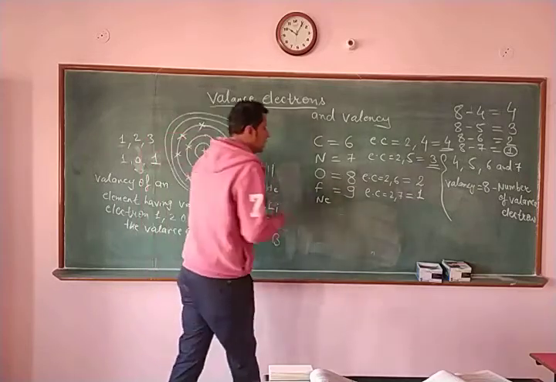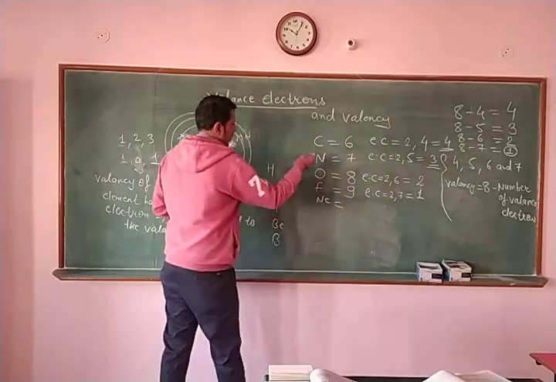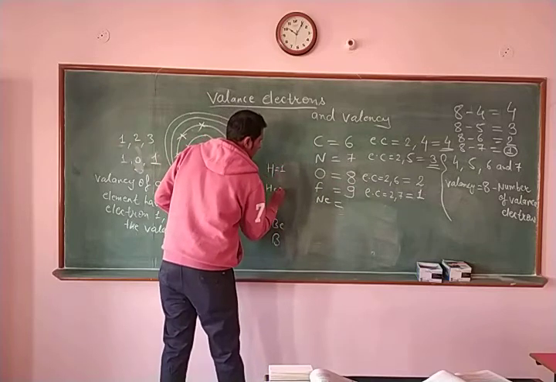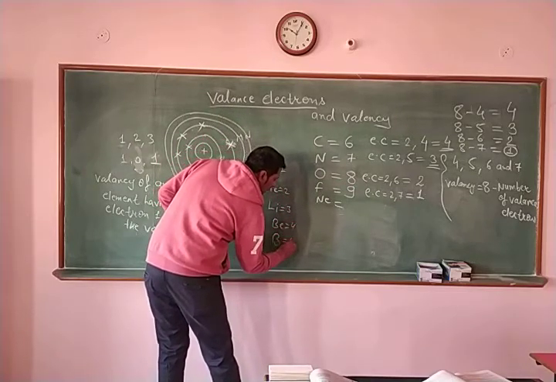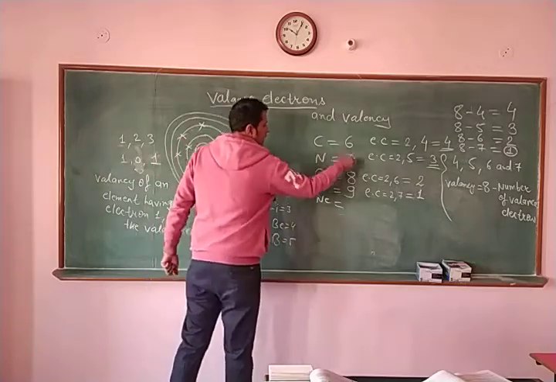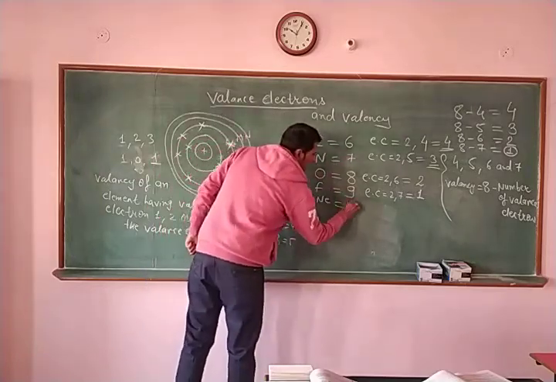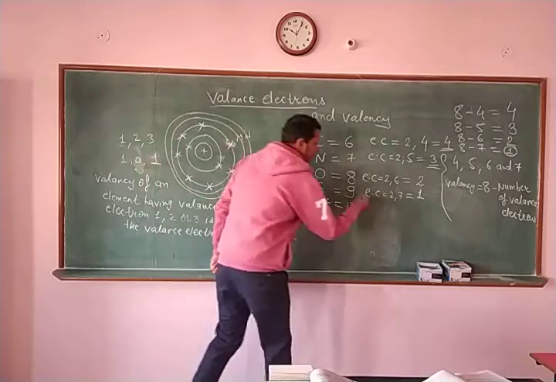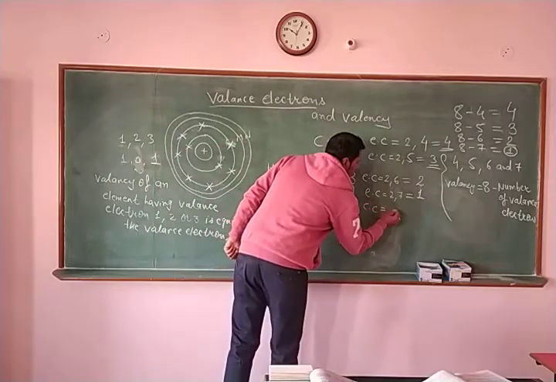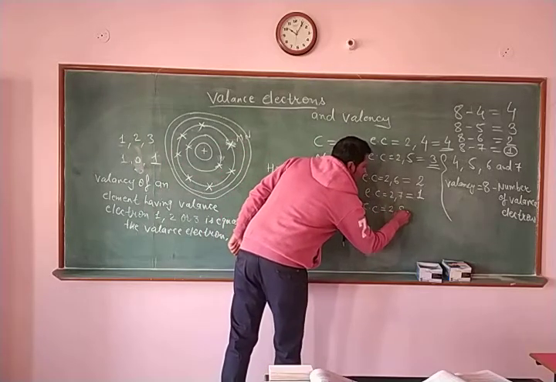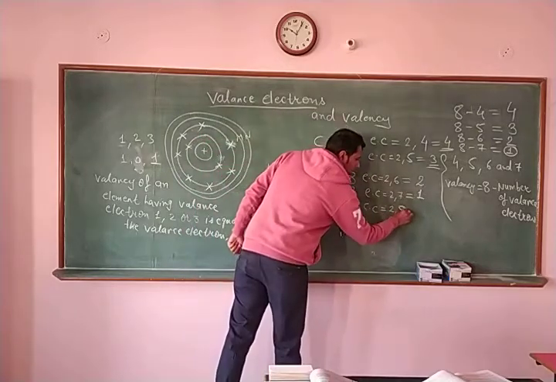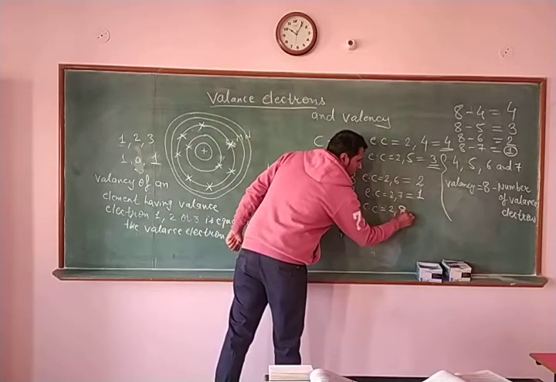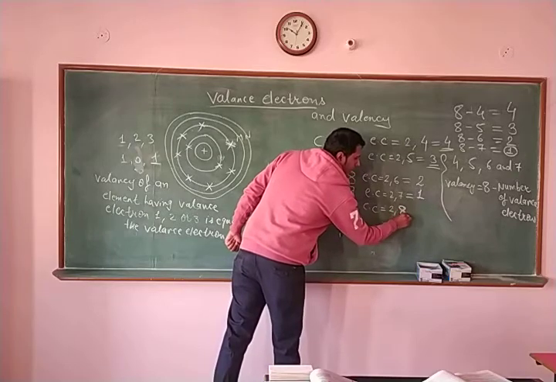So neon: we know that hydrogen is 1, 2, 3, 4, 5, now 6, 7, 8, 9, and then neon will be 10. So we see the EC for neon is 2 and 8. So 8 gives the octet.